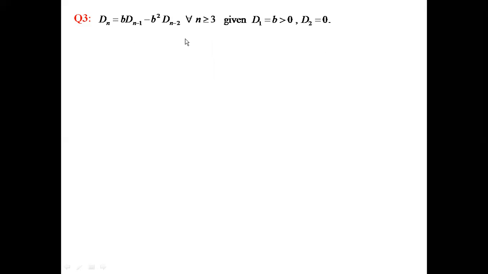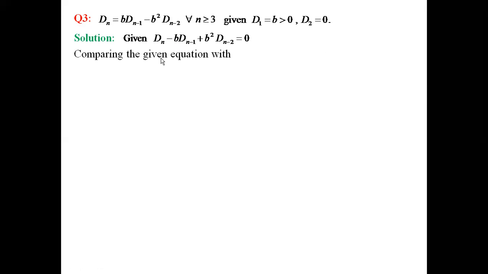That's all. So let us do the problem considering the given expression, taking all terms to left hand side, so that we will be able to compare to the standard form Cn into Dn plus Cn minus 1 into Dn minus 1 plus Cn minus 2 into Dn minus 2 equal to 0.